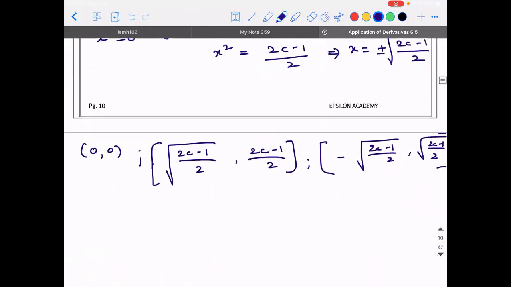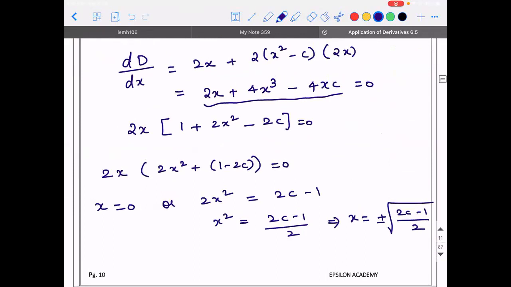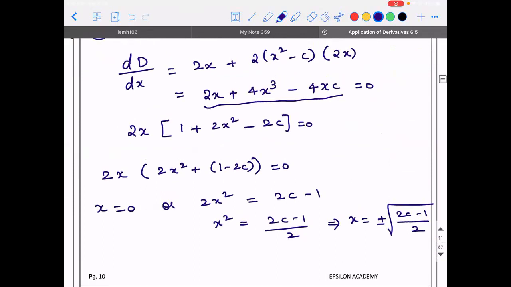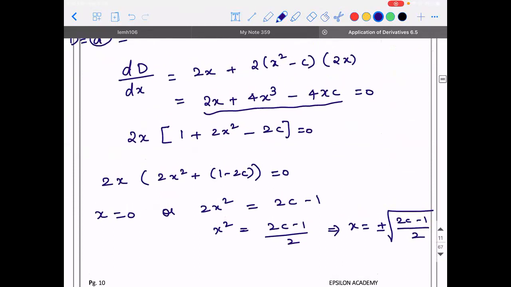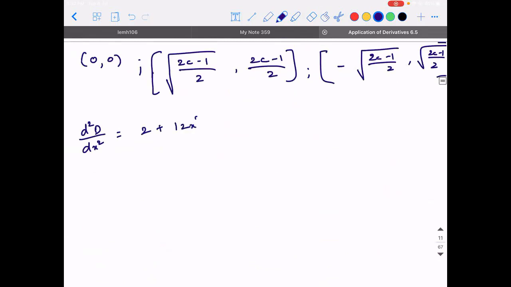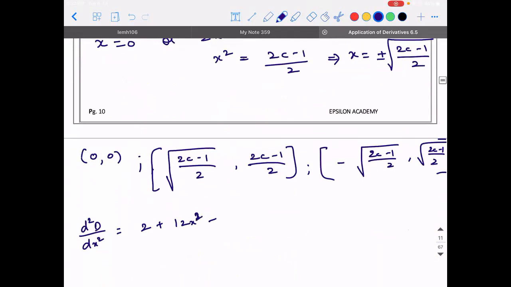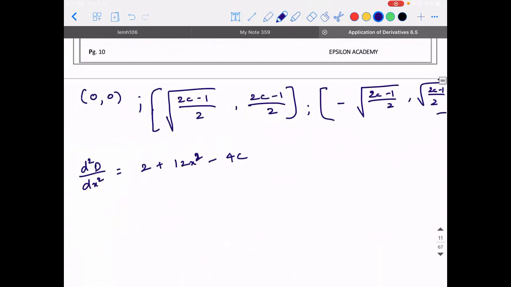Okay. Let me go with my method itself. So d square d by dx square is how much? So derivative of this is how much, guys? 2 plus 12x square minus 4c.